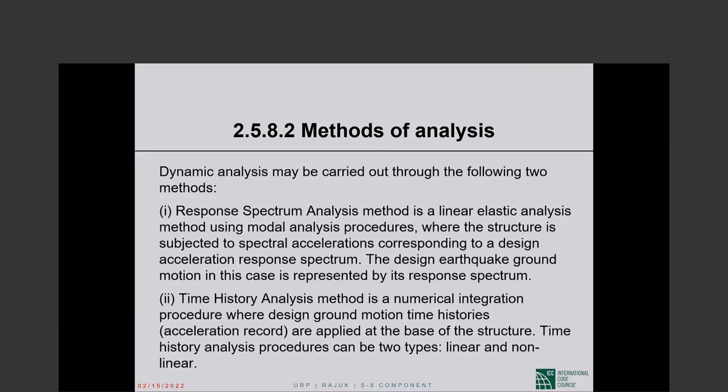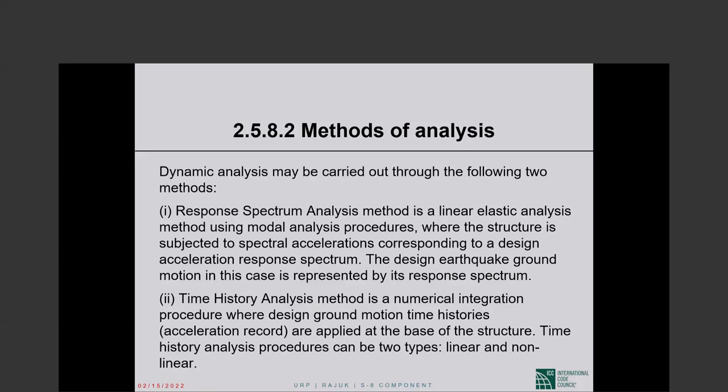So when the structure is vibrating, the deformations that it undergoes can be thought of as a juxtaposition, a combination, of deformations of a number of so-called modes of vibration. So, let me put it another way.